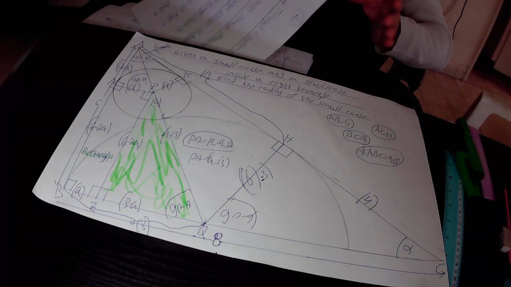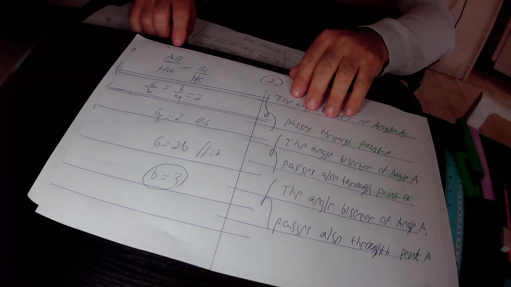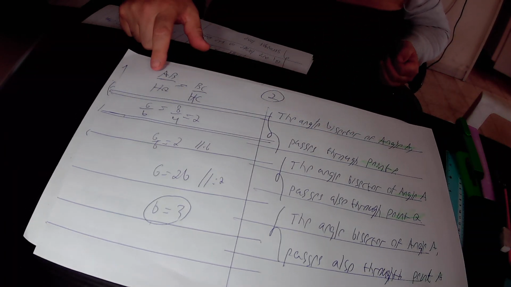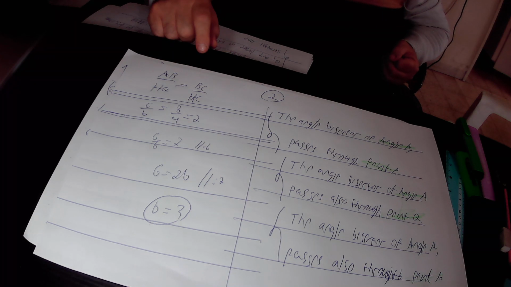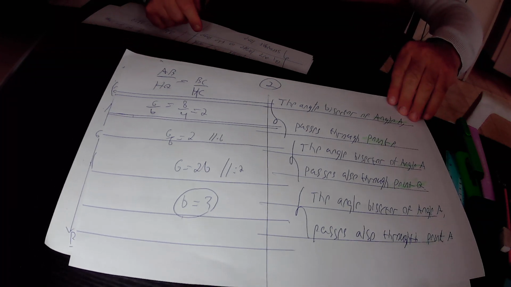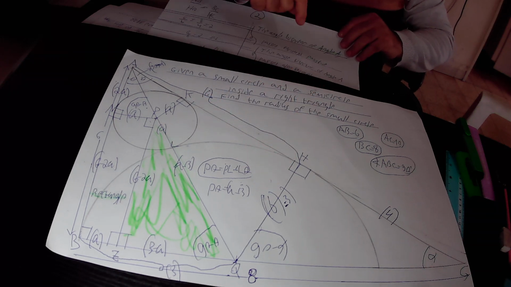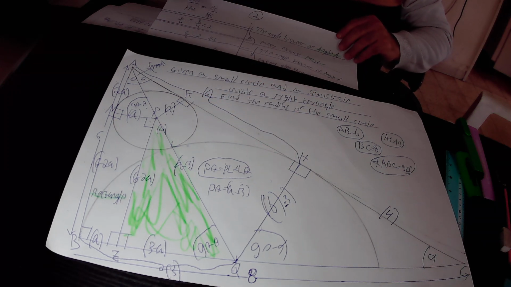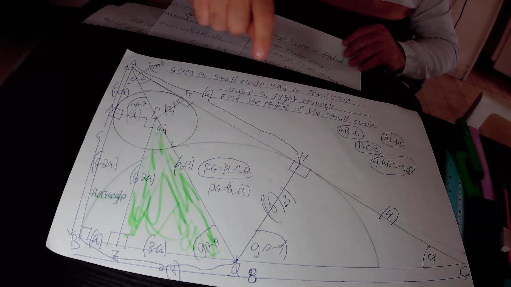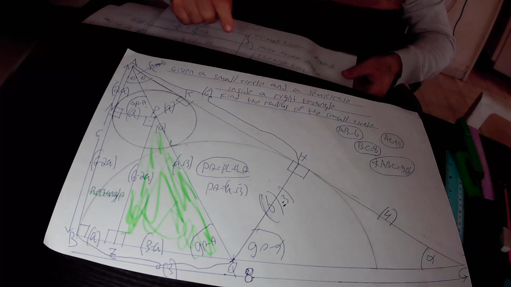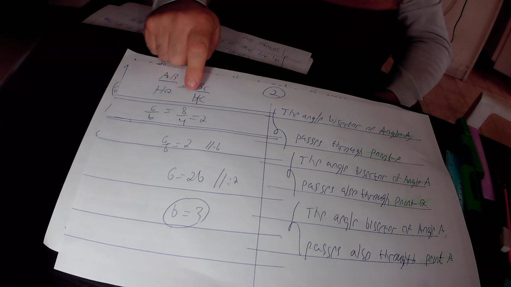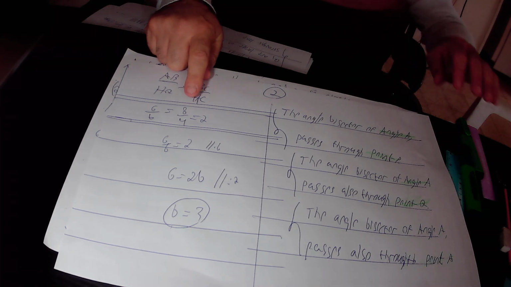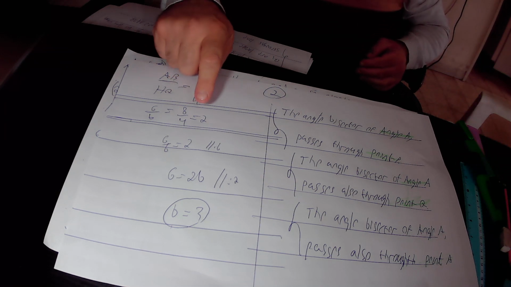AB is 6, HQ is B, the radius of the big semicircle, BC is 8, and HC is 4. So we have found that 6 over B equals 8 over 4. 8 over 4 is 2, so in conclusion 6 over B equals 2.